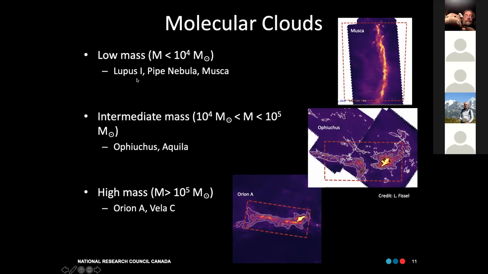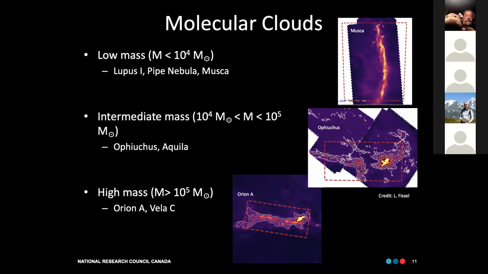For low mass clouds, we plan to observe Lupus 1, Pipe Nebula, and Musca filament. And as we saw in the last talk, Musca is a very interesting region with high polarization fraction and is a long isolated filament, and it has been debated whether it's a filament or a sheet-like cloud.